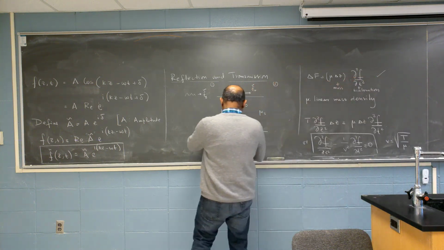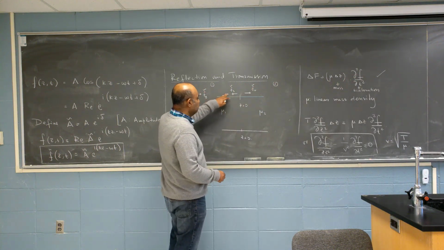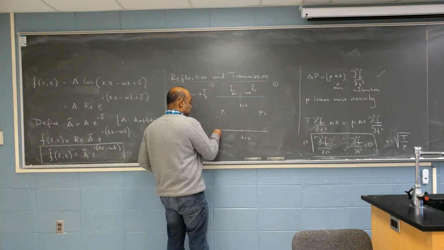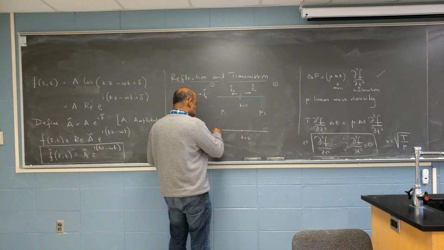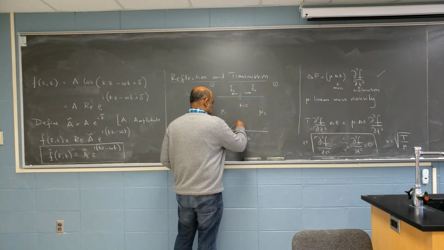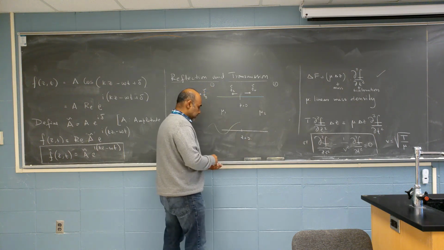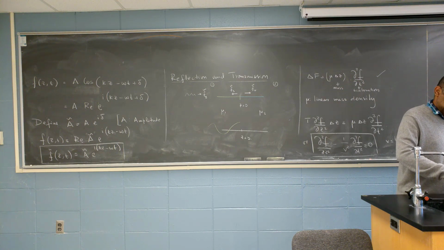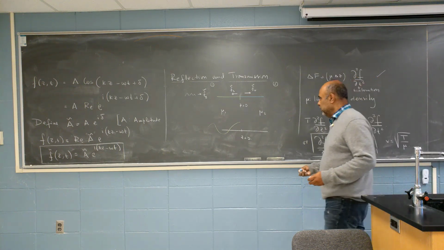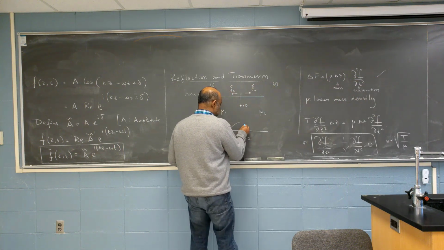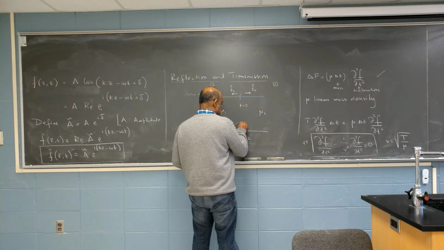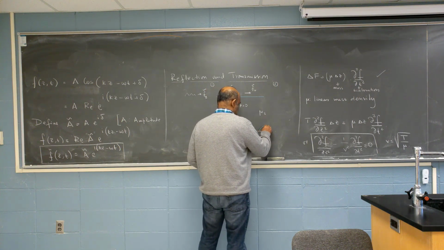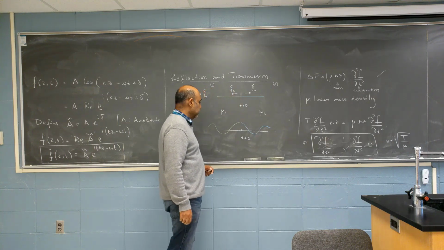This side is a superposition of the incident and the reflected wave, so it doesn't look like a nice cosine wave. It's a superposition. It looks something like this. And on the other side, again, we don't know what exactly comes out. Something like this.